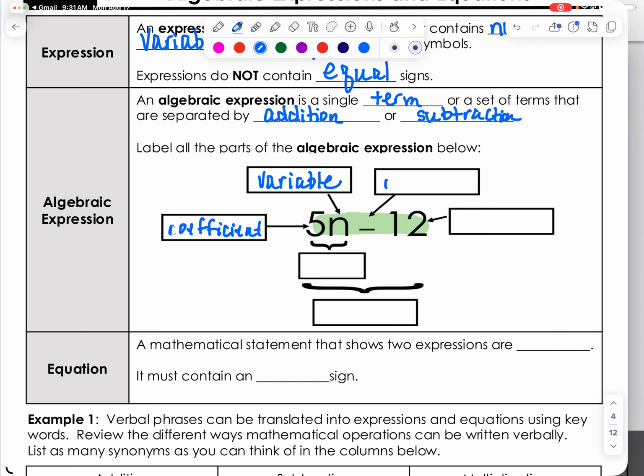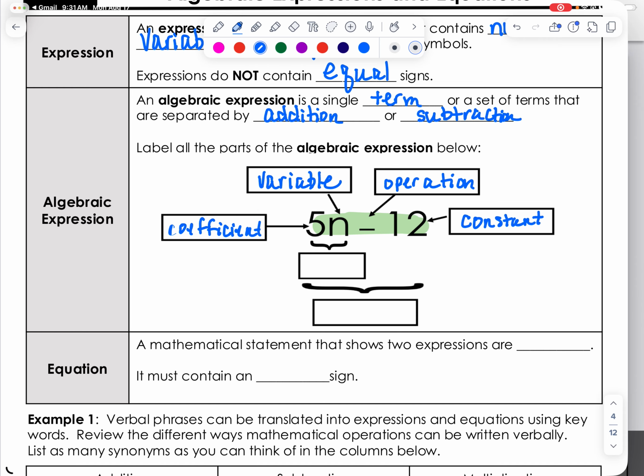This minus, this is our operation symbol. So you could have plus or minus there. It'd still be an operation symbol. The 12 is another term, but this is a special term called the constant term. That's because it does not have a variable attached to it.